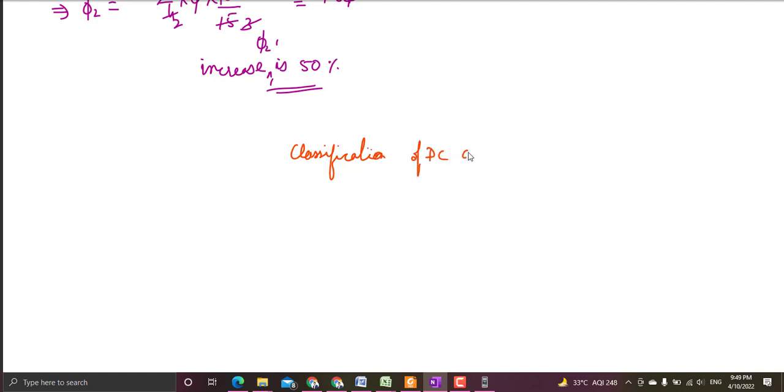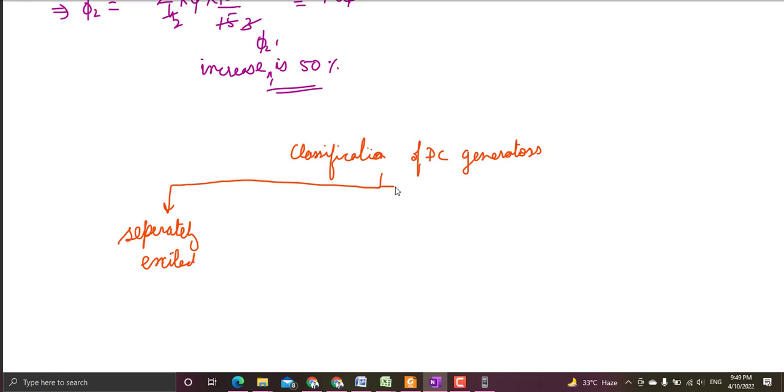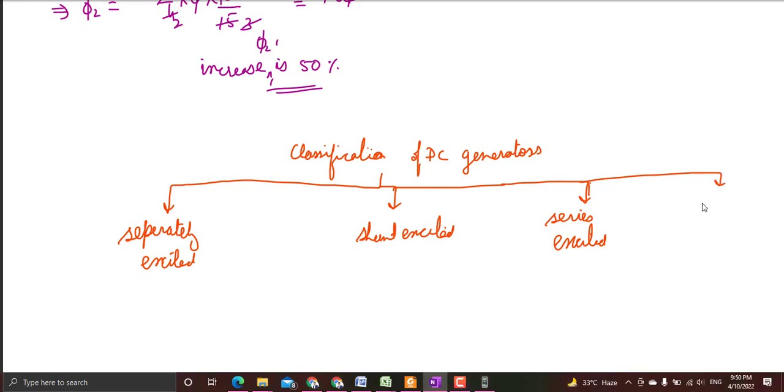There can be separately excited DC generators, there can be shunt excited, and there can be series excited, and there can be a combination of both shunt and series, that is compound excited.